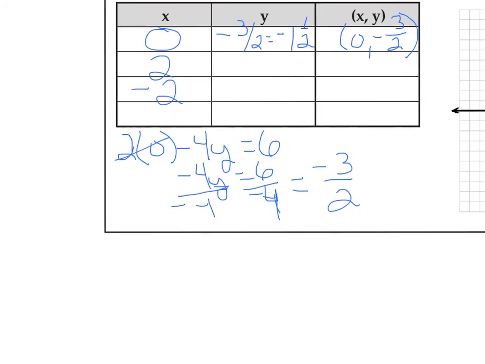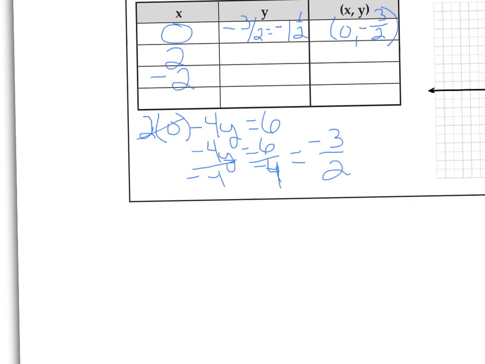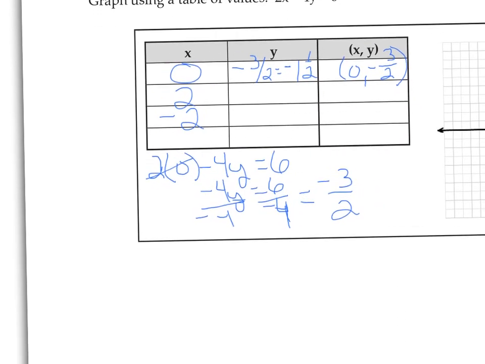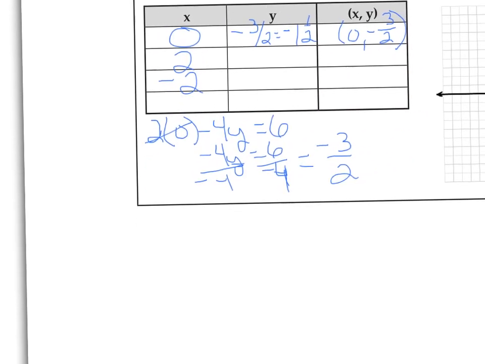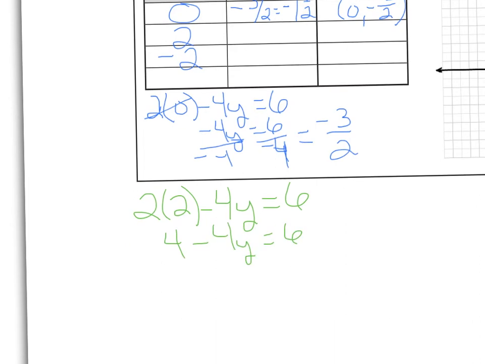All right, so down here, I can't see the equation now. 2x minus 4y equals 6. So 2 times x, which this time is positive 2, minus 4y equals 6. So this would be 4 minus 4y equals 6.